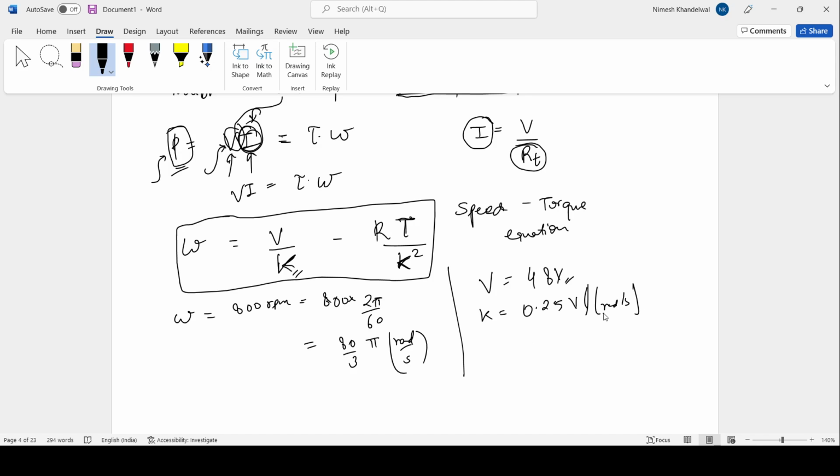That is, for 1 radian per second, 0.25 volts back EMF is generated. And the load that you want to support is 2 Newton meters, and R is your R total.